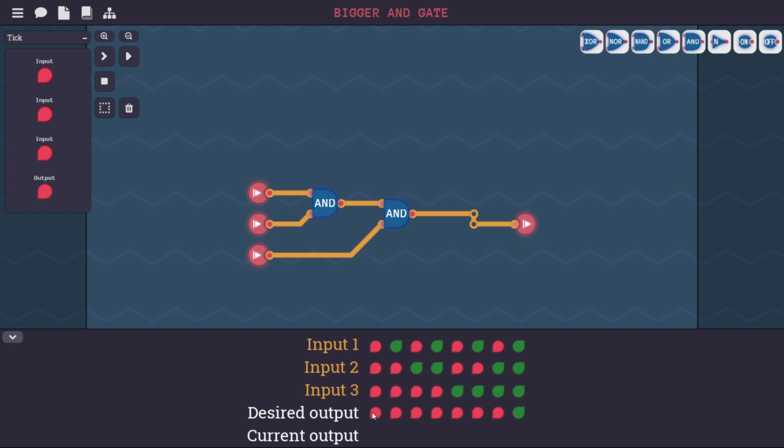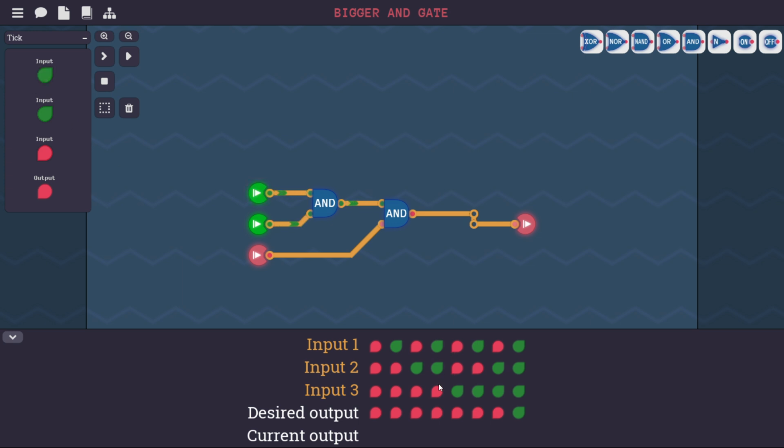Given our inputs, if all the inputs are off, we get an off. If just the first input is on, we still get an off. If the second one is on, we still get an off. If both of them are on, we still get an off.